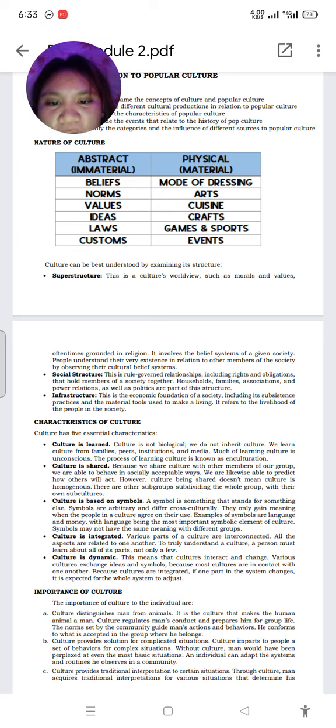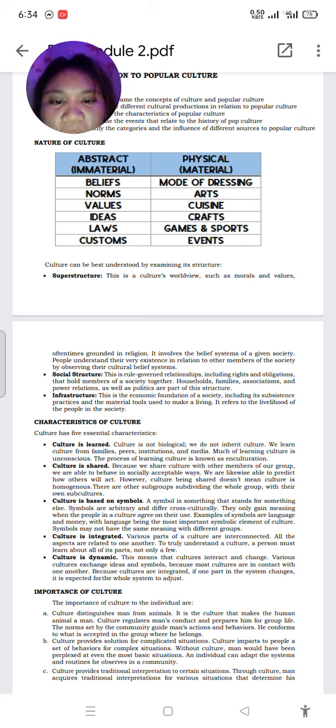Social structure. This is rule-governed relationship, including rights and obligations that hold members of a society together. Household, families, association, and power relation, as well as politics, are part of this structure. So, infrastructure.